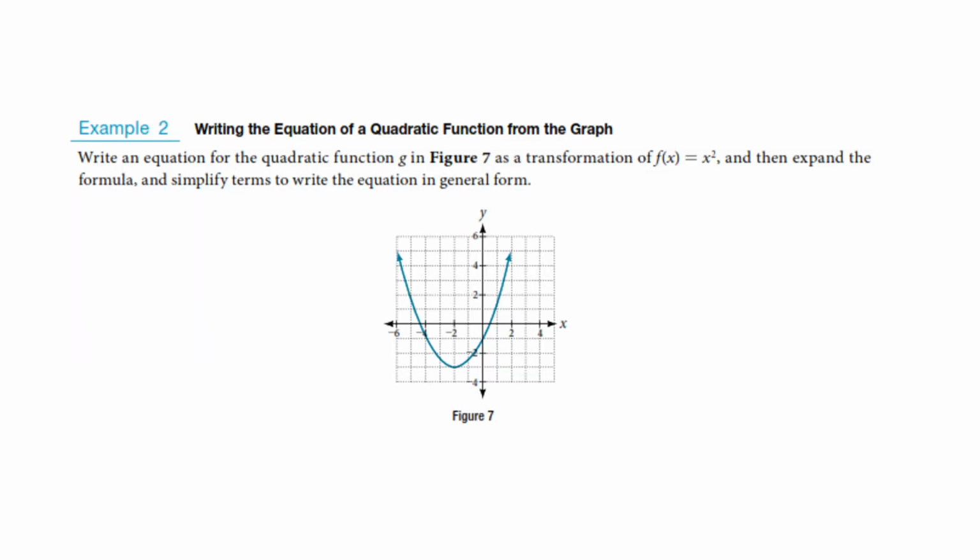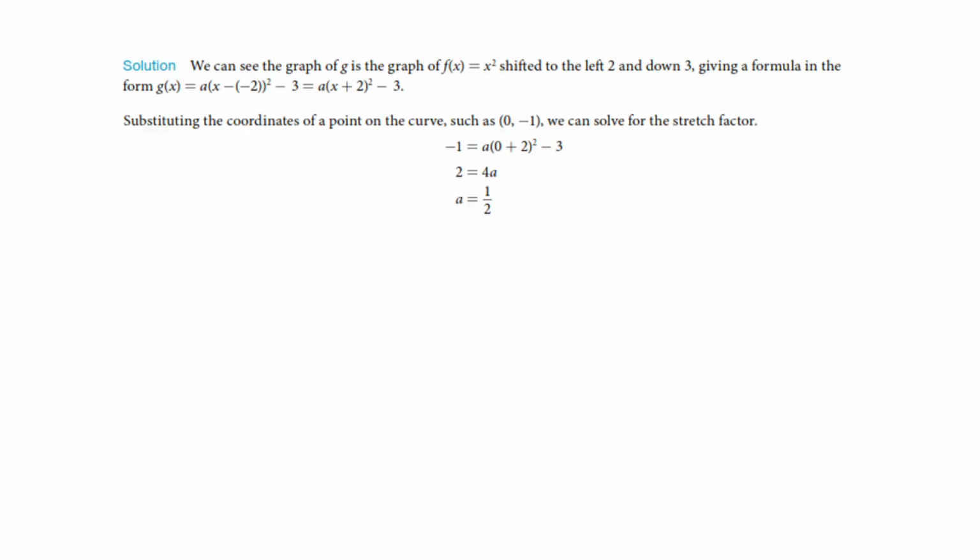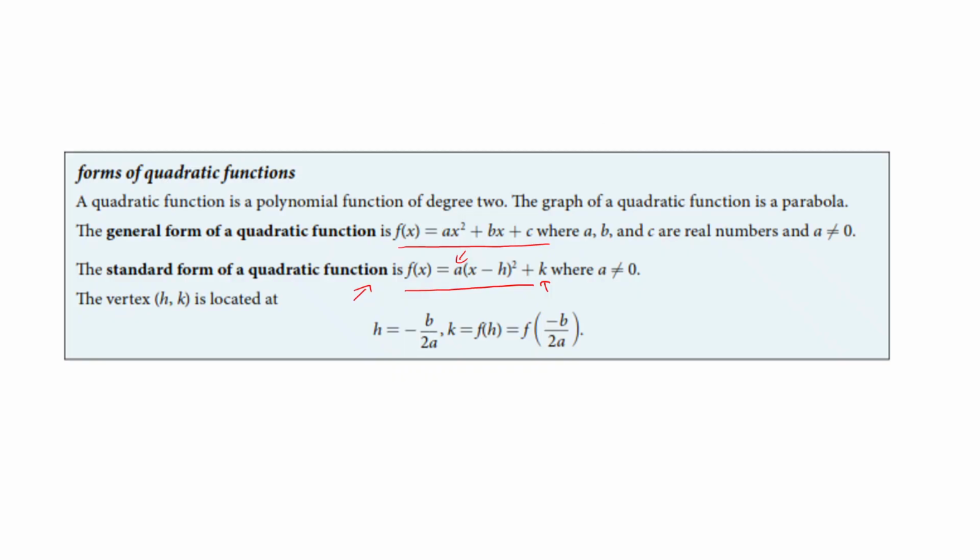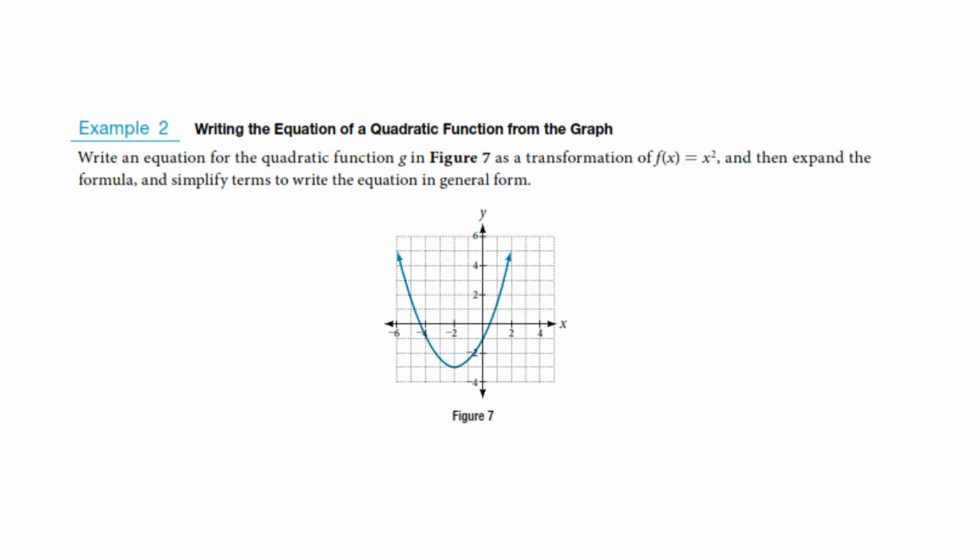Let's see here. What are they asking? Okay, so they're asking this to be written, hold on, in the general form? Oh, I see what they're doing. Okay, so when they're asking this question, the standard form is the place to start, because we can make that equation just off the shifts.